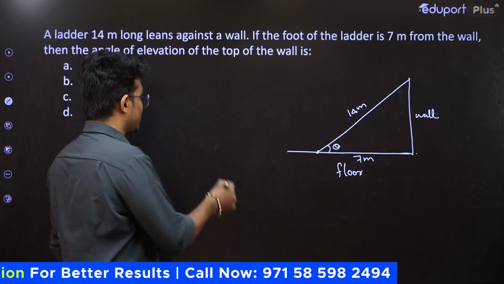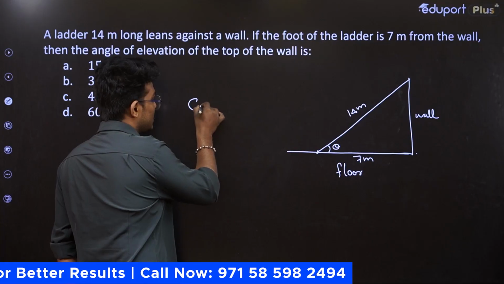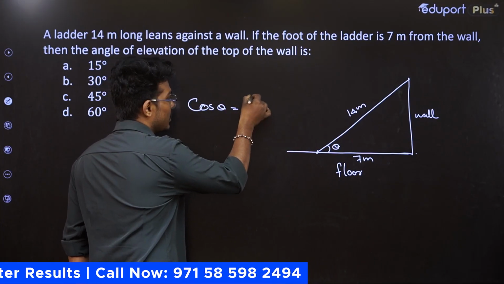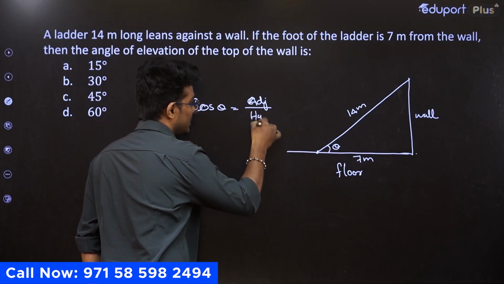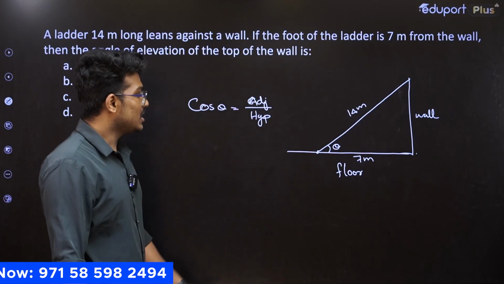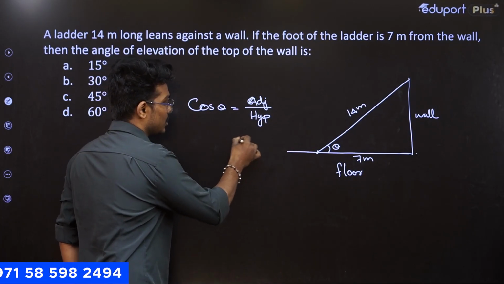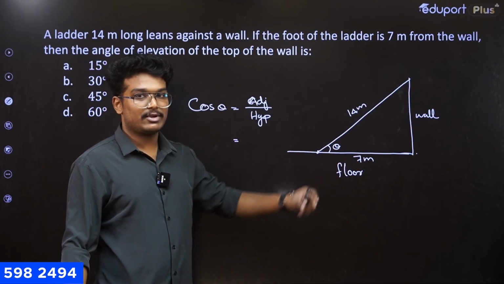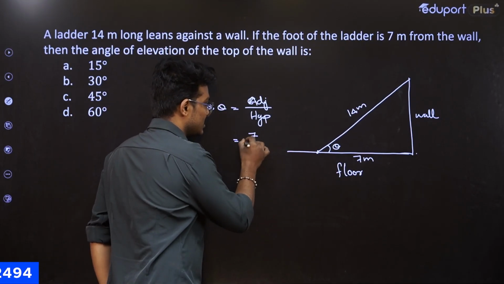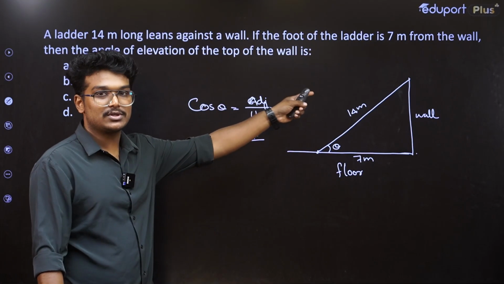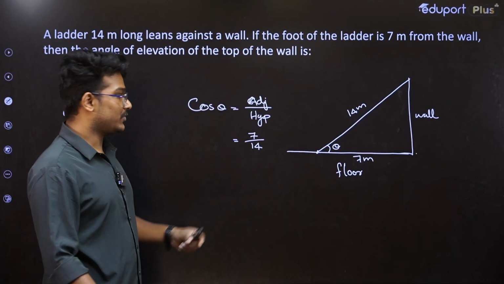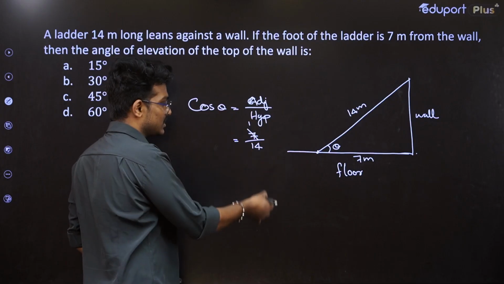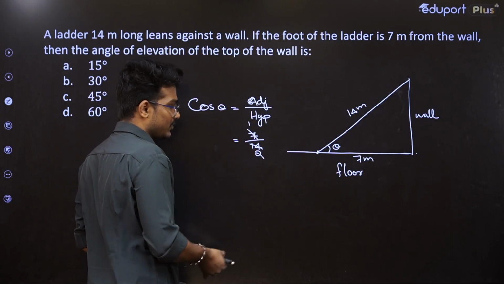We already know that cos is equal to adjacent side by hypotenuse. Here cos theta is equal to, the adjacent side is 7 meter, so 7 divided by the hypotenuse, which is 14. So 7 divided by 14. By simplifying it, 1 seven is 7, 2 sevens are 14.